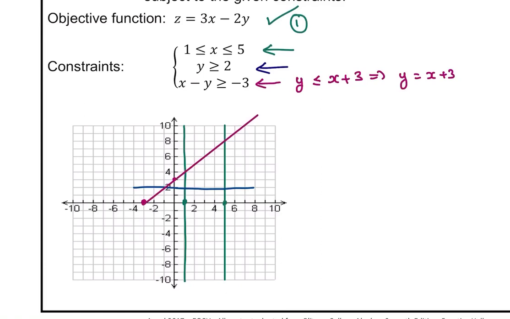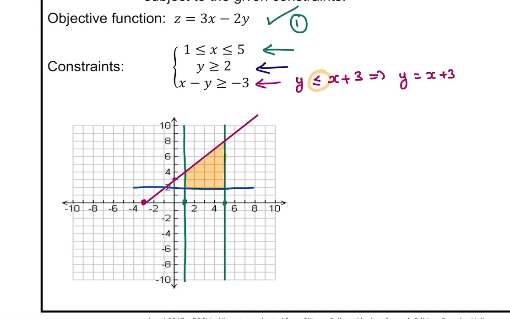All right, so here's the line right there. So therefore, this one says y is less than or equal to, right? So therefore, everything is below. So therefore, the region that I'm interested in is going to be this one. So let me shade it for you. If I shade it, the region that I'm interested in is this right here. That is the region that we're interested in.